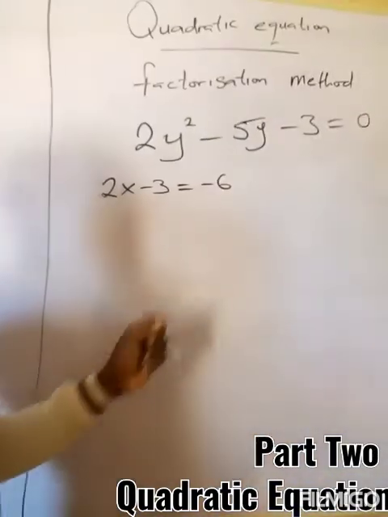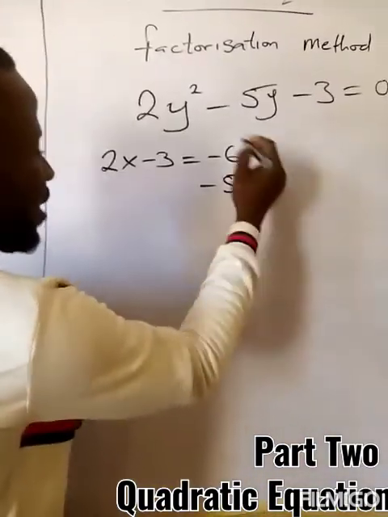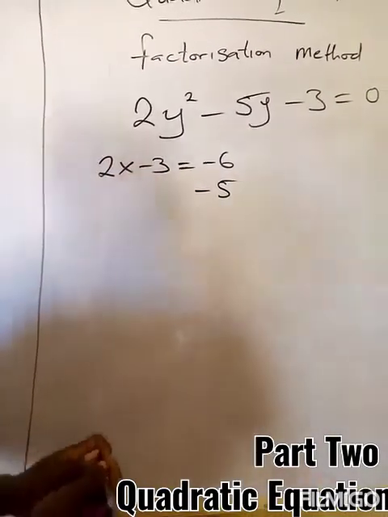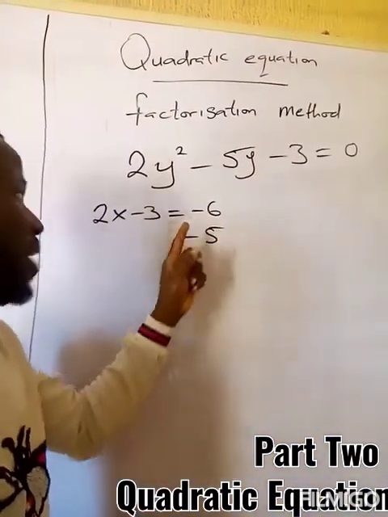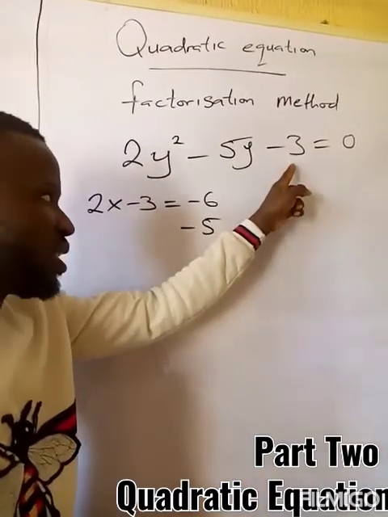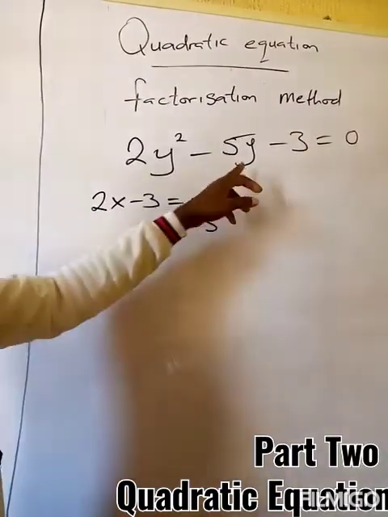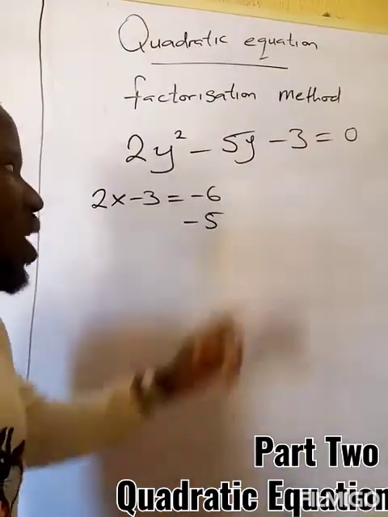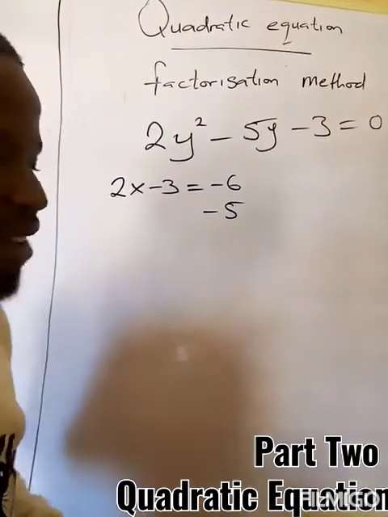Also, we consider the coefficient of this y, which is minus 5. I got this minus 6 by multiplying the coefficient of y squared with this constant, and the coefficient of y is minus 5.